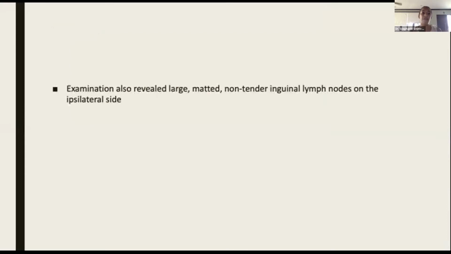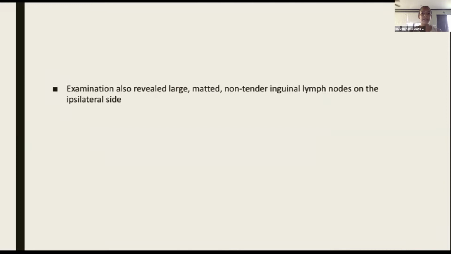He did not have any other suspicious lesions elsewhere on the body because a full body skin examination was performed. We also at that time would perform a lymph node examination. And what was found was that he had large matted non-tender inguinal lymph nodes on the ipsilateral side. So on the same left side, he had inguinal lymphadenopathy.